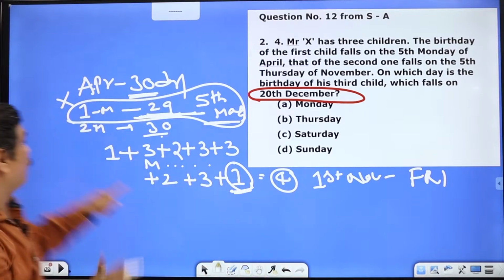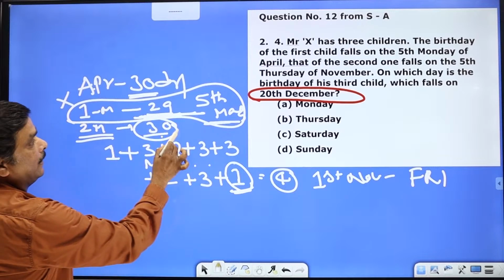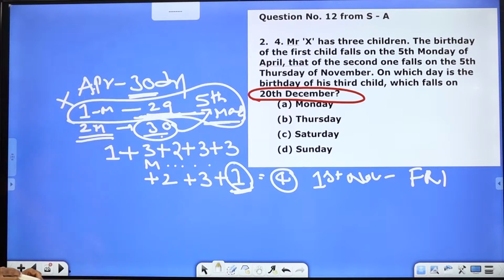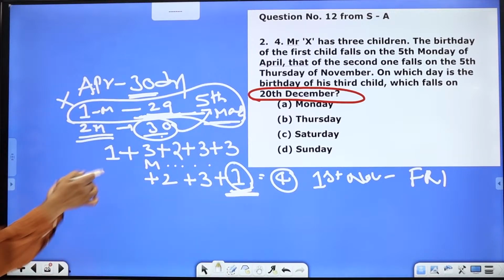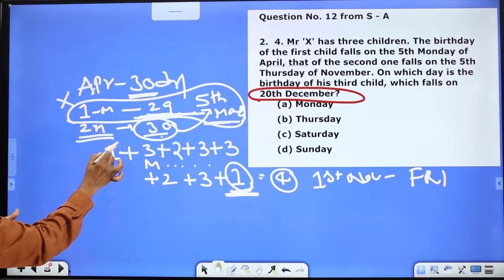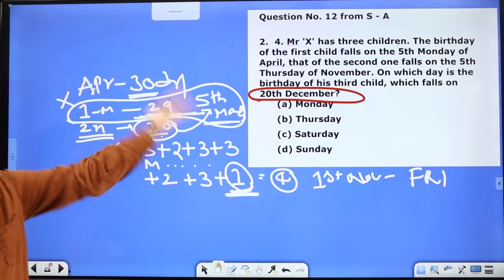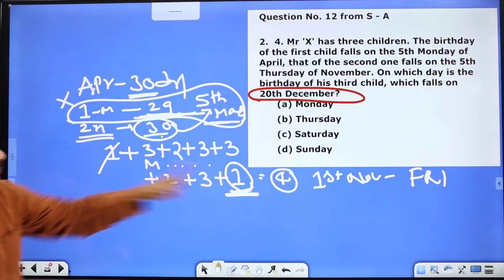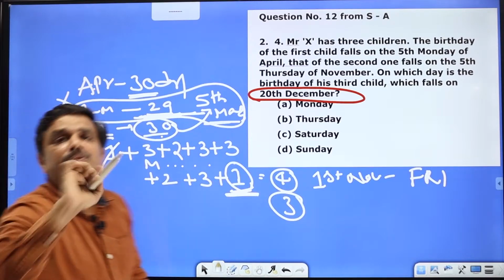Now you have to go for this one. Second case. 30th of April is Monday, I am taking. Then what day would be on 1st November? Simply one day you have to add, because after 30th April, May will come. So from these 4 odd days, 1 will go, 3 are left out.